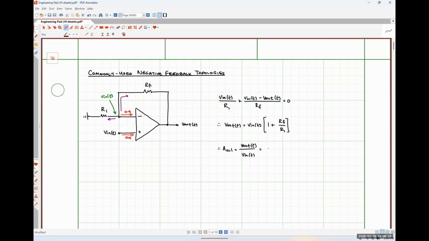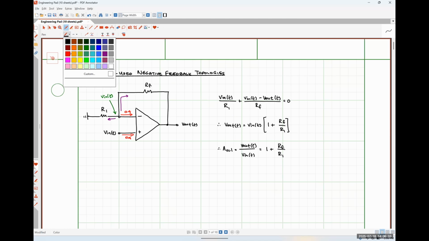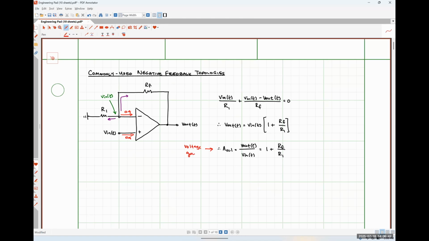And in this case, that ratio is simply 1 plus RF over R1. I'm just going to make a note here that this is what we would commonly refer to as the voltage gain of the system. Okay. So let's talk about what this amplifier is doing.